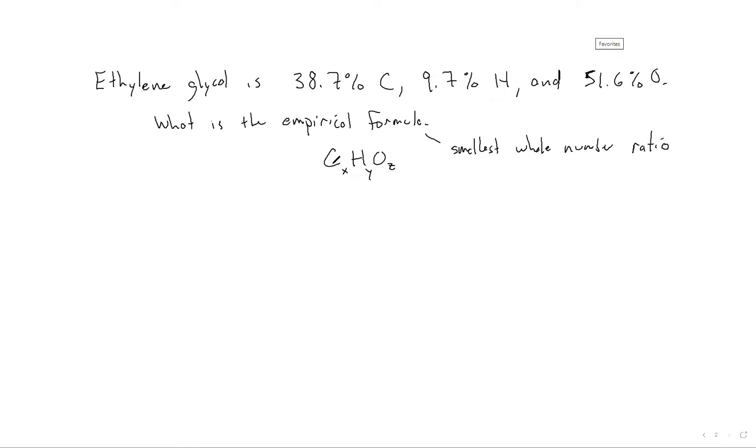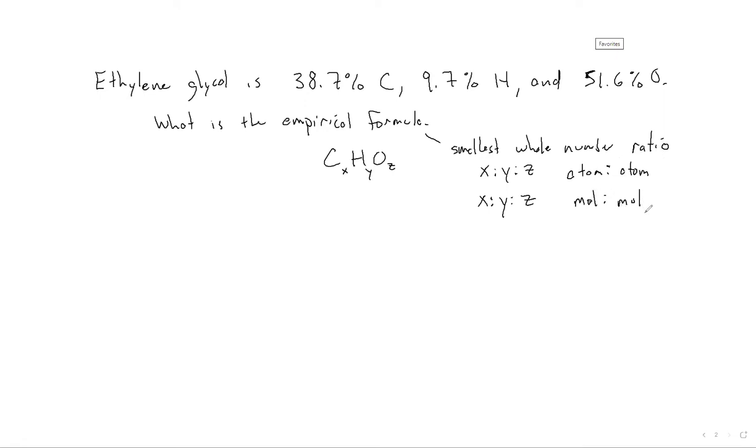And so we can think of the ratio of X, Y, to Z, the subscripts, as atom to atom, or a much more useful way to think of it, and it's both as accurate, is as mole to mole.